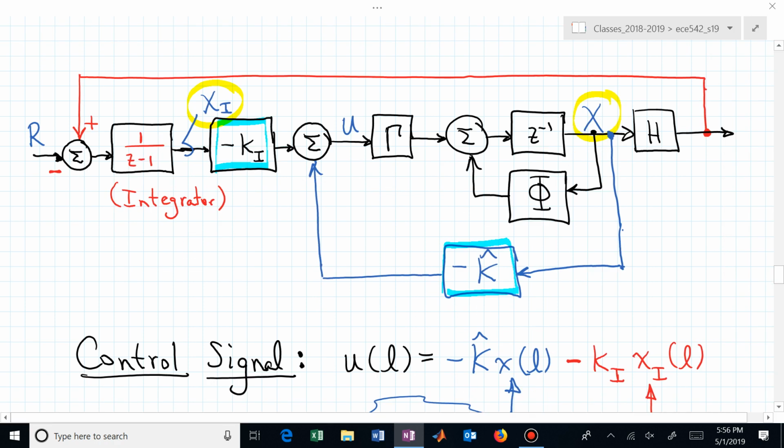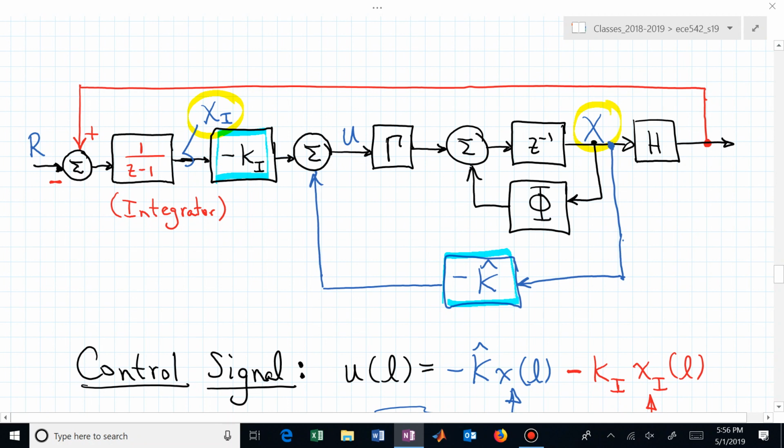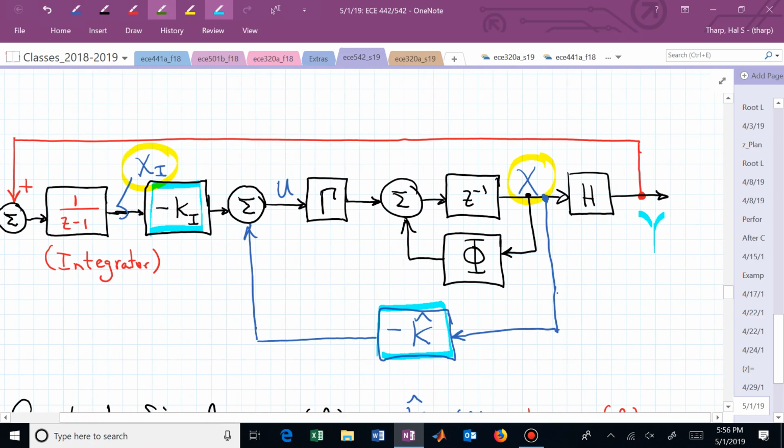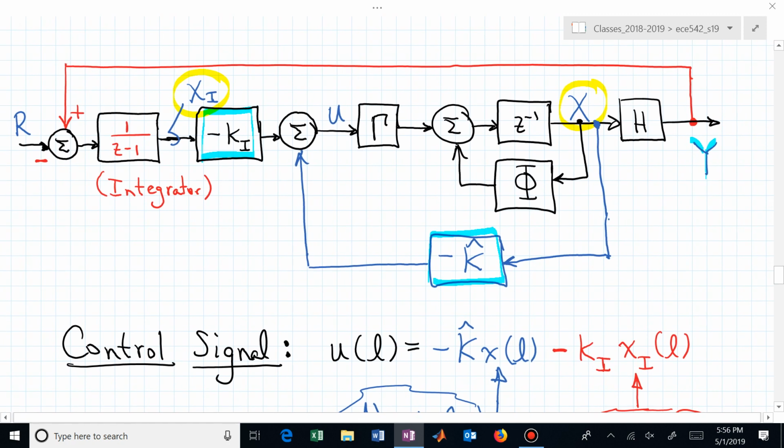Y's on the right somewhere. Well, it's nowhere. It's supposed to be right there. So I highlighted it. There's Y. We're comparing Y and R. That's now our error signal.